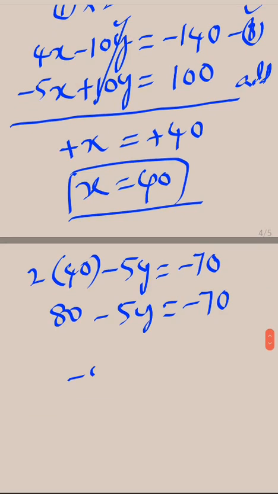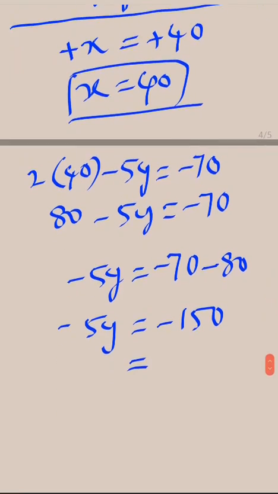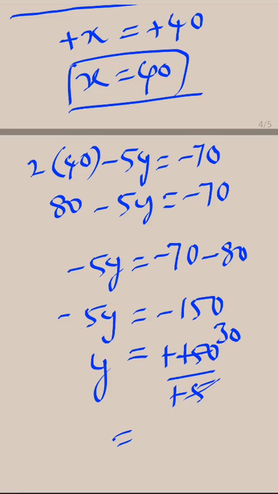Now minus 5y is equal to minus 70, and 80 if you are sending to that side, minus 80. So now 5y is equal to minus 70 minus 80, minus 150. Both negative signs are there, add it. Then minus is there already. Now y value is equal to minus 150 by minus 5, because minus 5 is multiplying on this side, if you send it, it divides. So minus minus gets cancelled, 5 30s are 150, then y value is equal to 30.